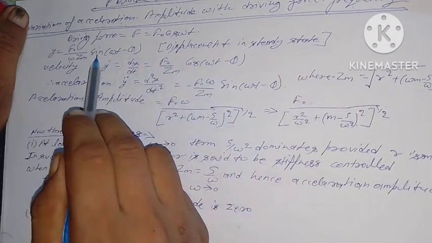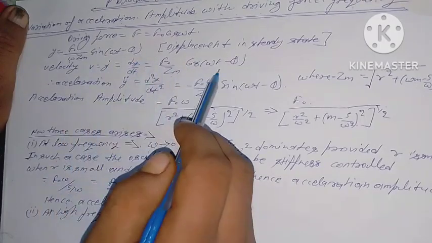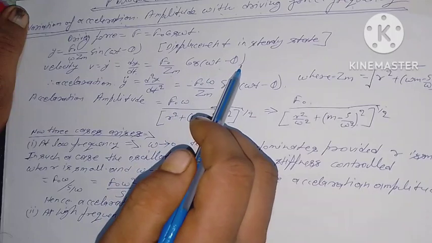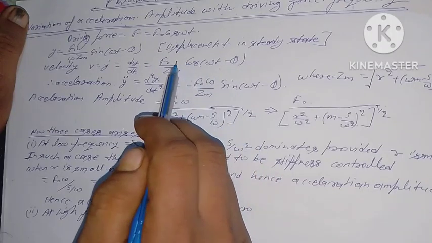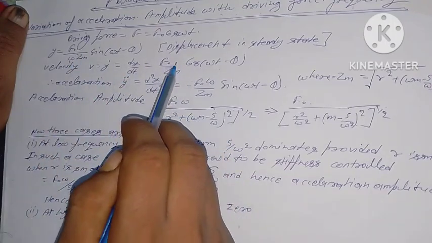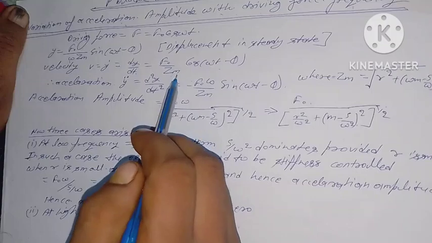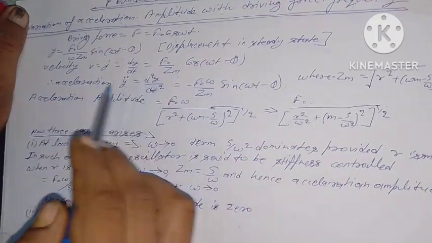The differentiate of sine is cos, and differentiating omega t minus phi gives omega, which is cancelled by the omega outside.